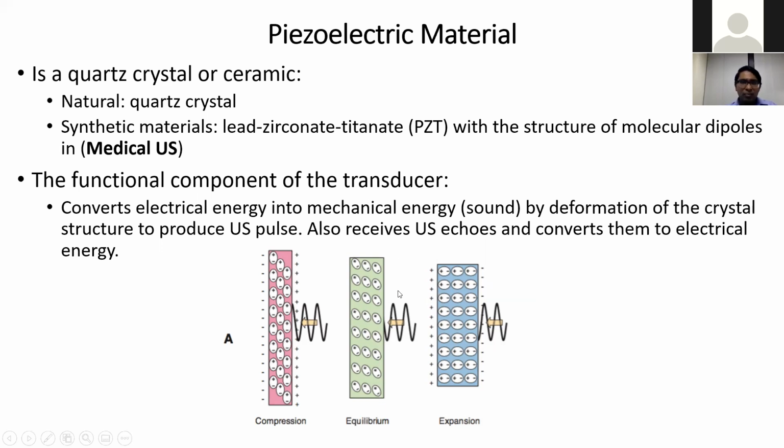They typically operate at very high voltages, around 50 to 100 volts, and in some cases as high as 120 volts when they transmit. But when they receive, they are usually around 5 to 10 volts when you get the signal back.